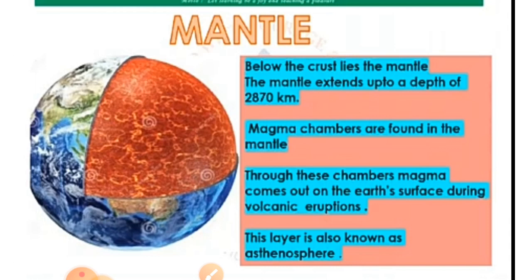My dear students, in short, the mantle is divided into two layers, upper mantle and lower mantle. The upper layer is more in liquid state, and here when volcanic eruptions occur, the magma comes out on the earth's surface through these chambers.